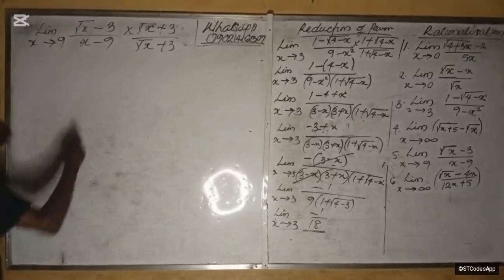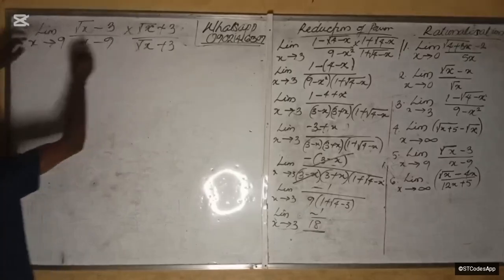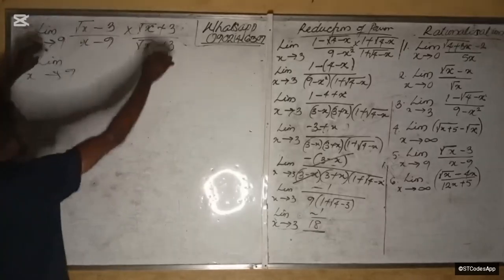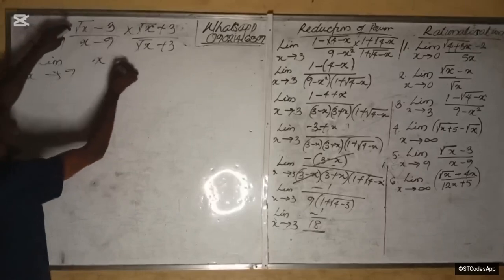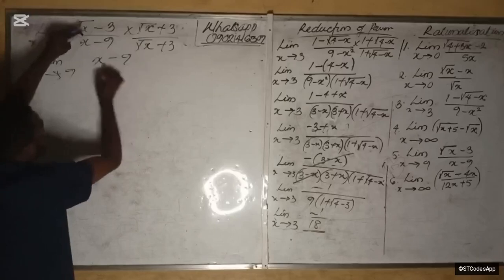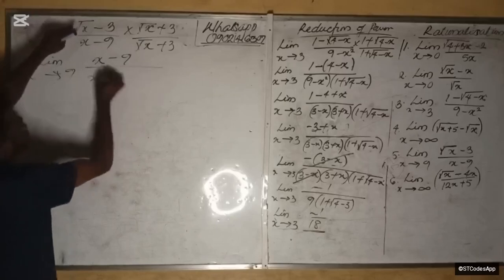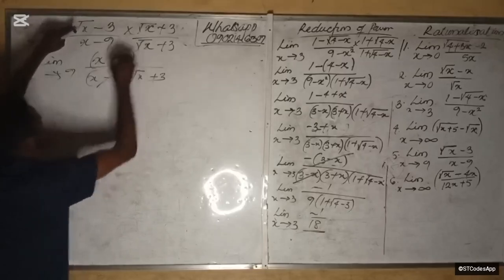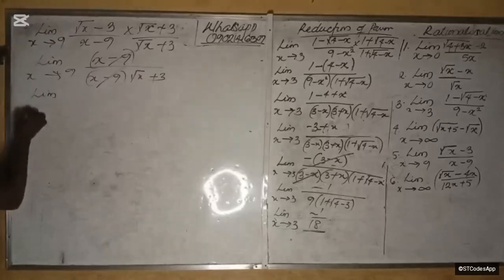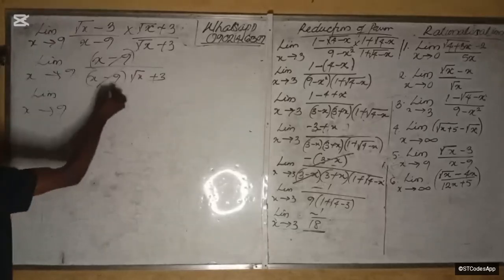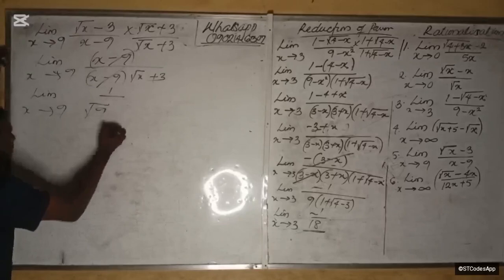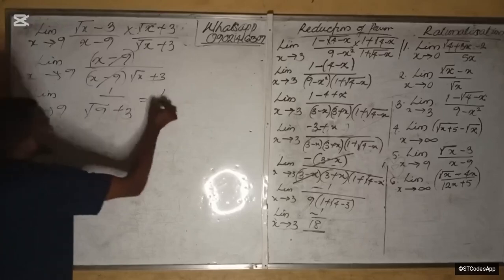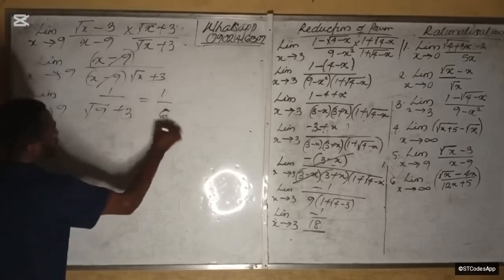These multiplied together will give us the limit as x approaches 9 of x minus 9 all over x minus 9 and root x plus 3. So this takes care of this. So the limit as x approaches 9 of our function becomes 1 over square root of 9, when we substitute 9, plus 3. This becomes 1 over 6. Yeah?